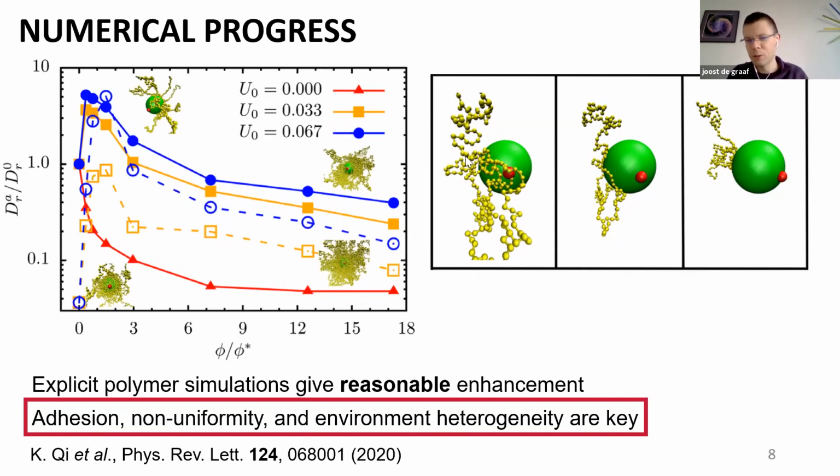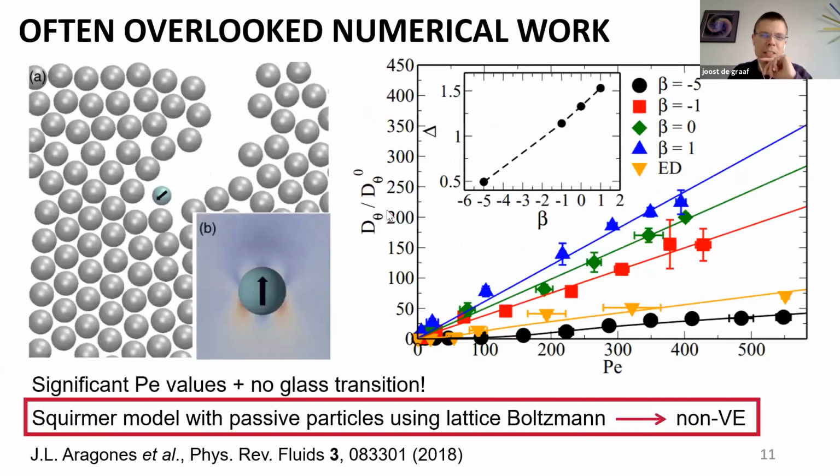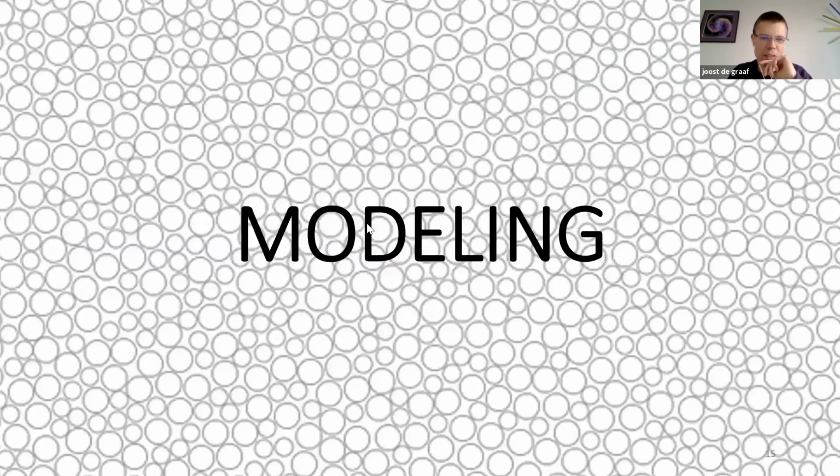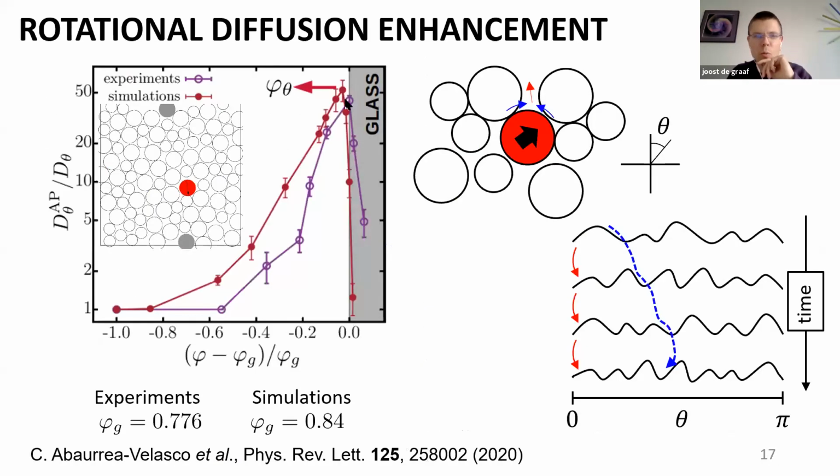The jury is still out on that, and there's also a couple of interesting hints in the experimental system which I kind of glossed over here. Let me just show you that. Whilst we have very similar shapes, there's actually a subtle difference: in the experiments they always find a much lower glass transition. In fact, the reason why I wanted to avoid the discussion of glass is that the experimental system seems to have much more of a strong glass type transition than any of our simulations of the passive systems have.